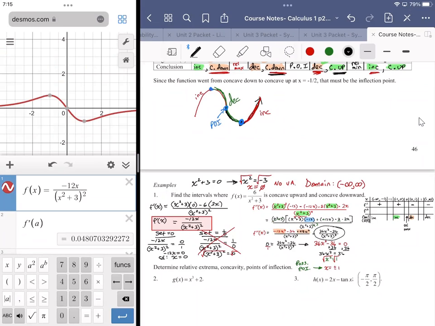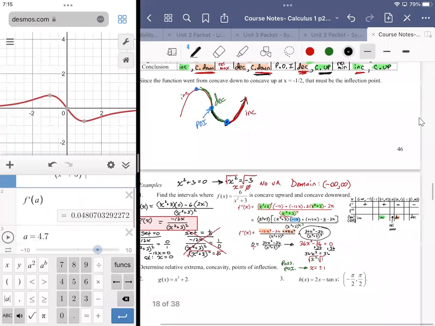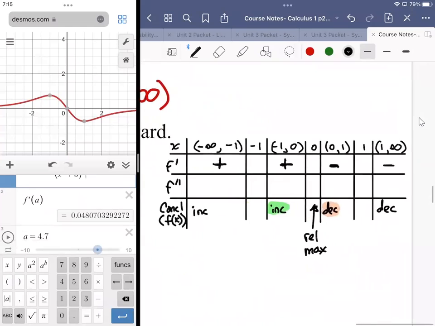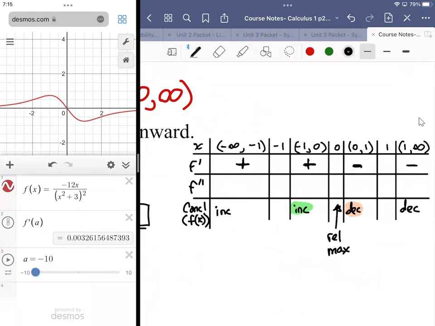Right? So this is my first derivative. Now I would be evaluating this over these intervals: from negative infinity to negative 1, all positive values. So that's concave up. Then from negative 1 to 0, I see all negative values.